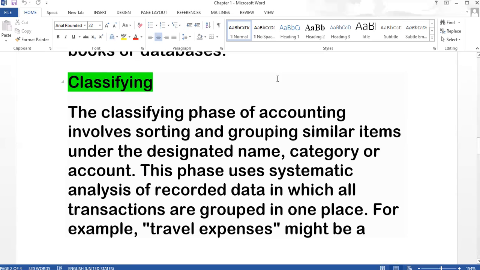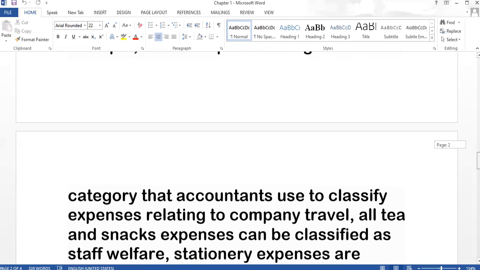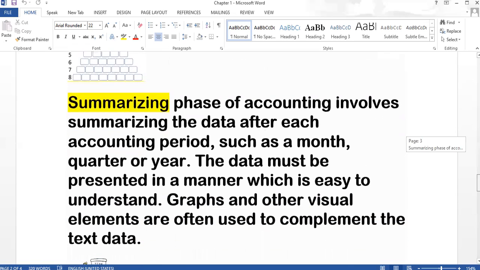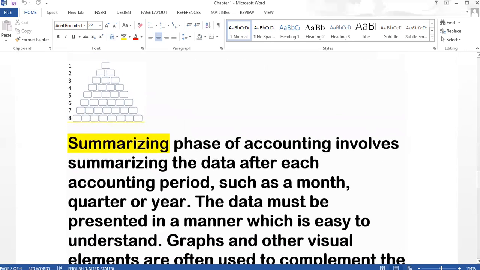Now, after classification, we should understand it has to be summarized. The summarizing phase of accounting involves summarizing the data after each accounting period, such as month, quarter, or year.